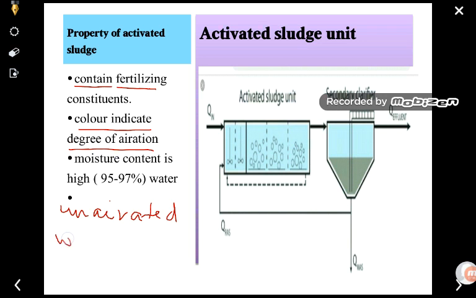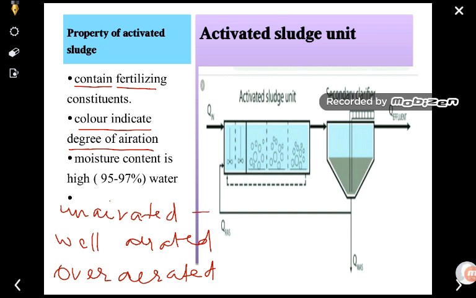When it is well aerated, or sometimes over aerated. So when it is unaerated, when air or oxygen is not supplied, the sludge looks almost light brown in color.